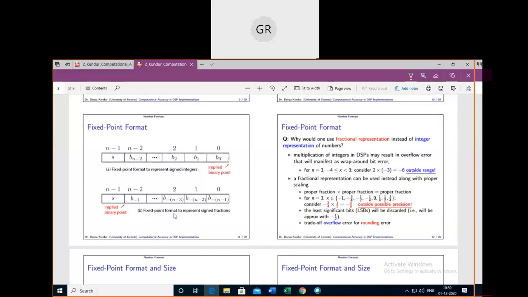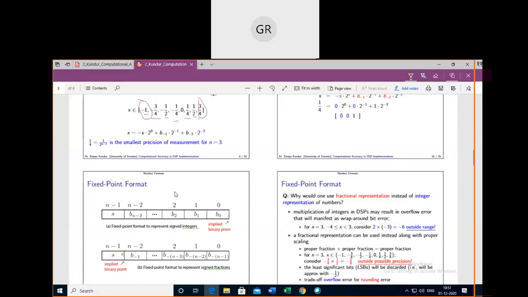In the fixed point format to represent signed fractions, the implied binary point will come after the sign bit. In the fixed point format to represent signed integers, the implied binary point will come after all the binary values. Okay, this is about the fixed point format.